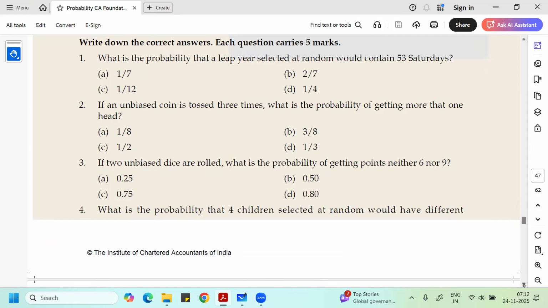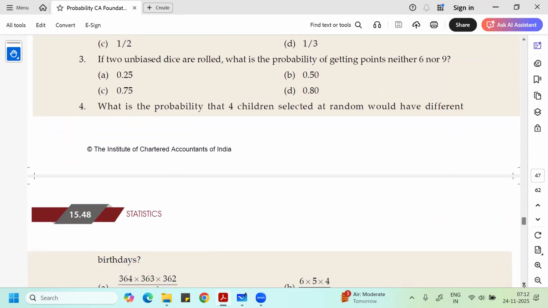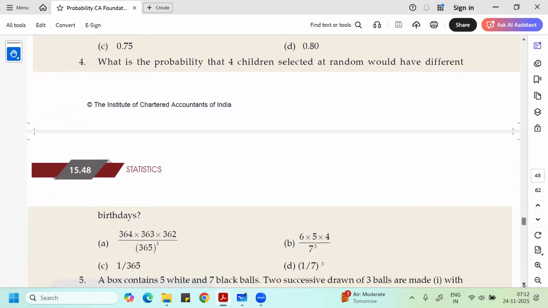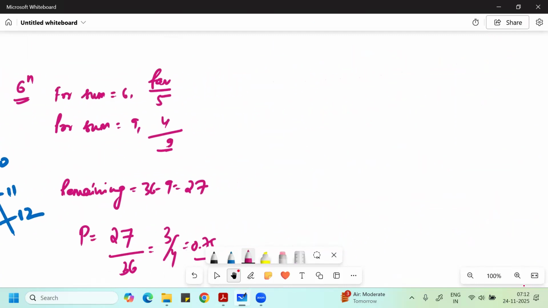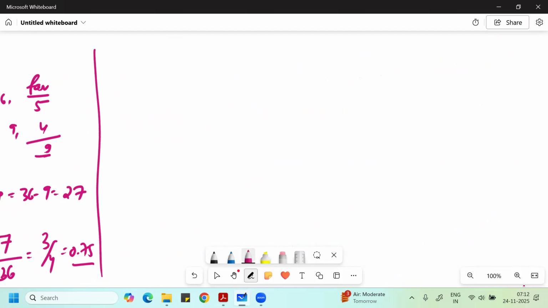Clear? Now, question number four, what is the probability that the four children selected at random would have different birthdays? So when you talk about four children with different birthdays, the first child can have a birthday on any day in the year, means one way.